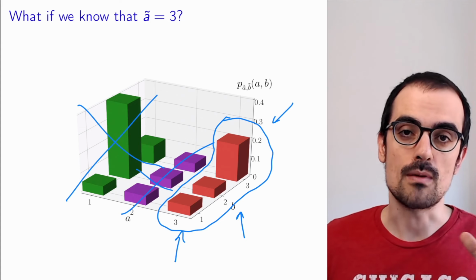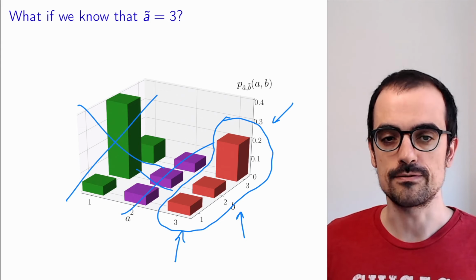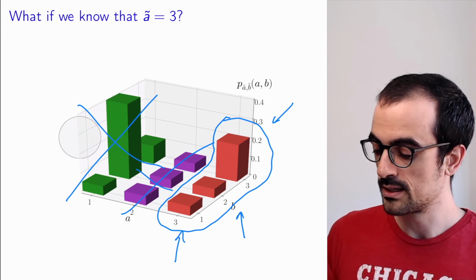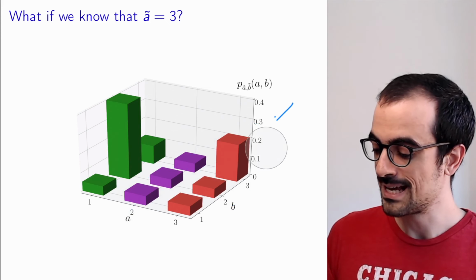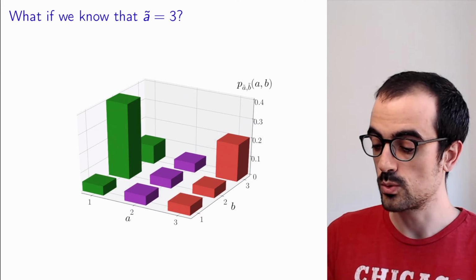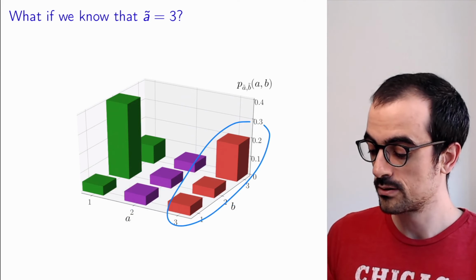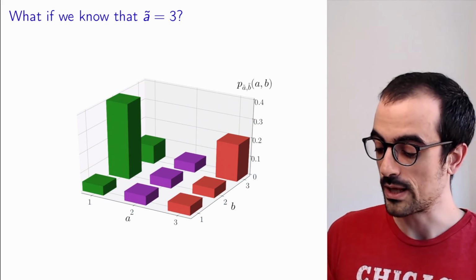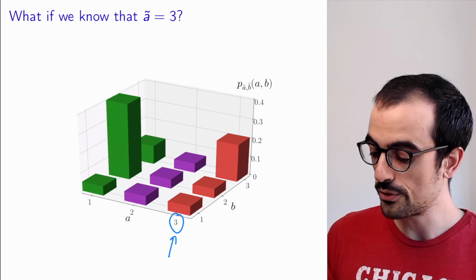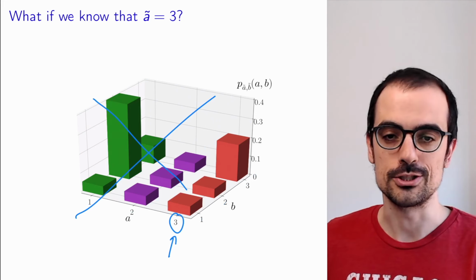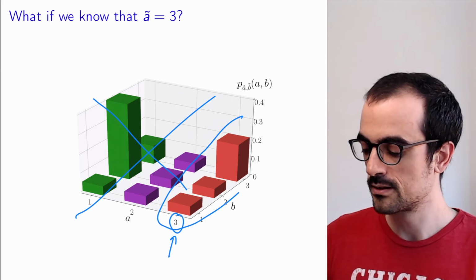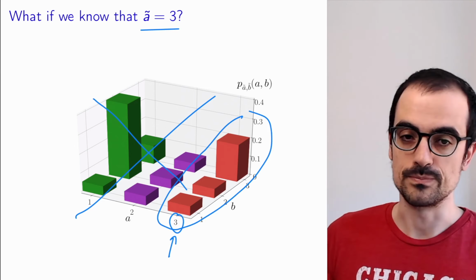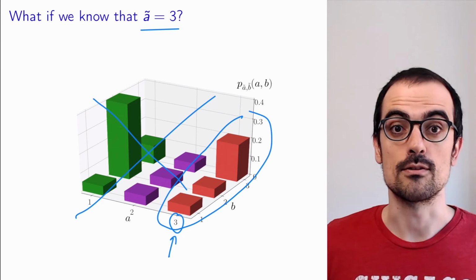Remember that when we were computing marginal random variables, we were doing something very different. We were aggregating. So if we want to compute the marginal of A, what we were doing is summing in this direction. Now what we're saying is we actually know that A is equal to 3, so we're discarding part of the joint PMF and we're just keeping the part that corresponds to the value that we have observed.